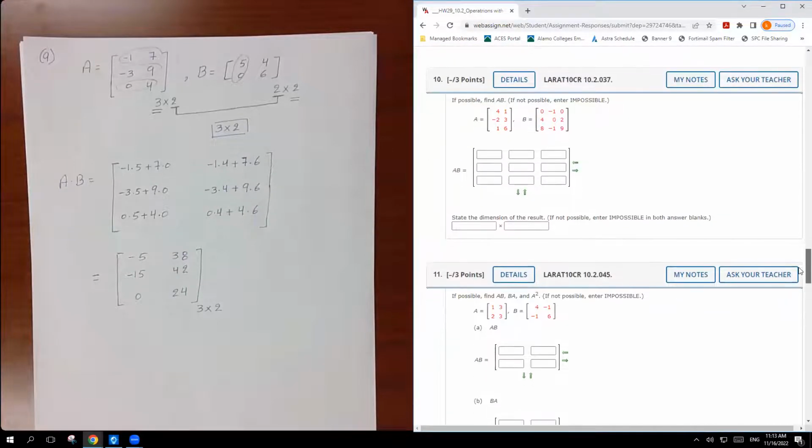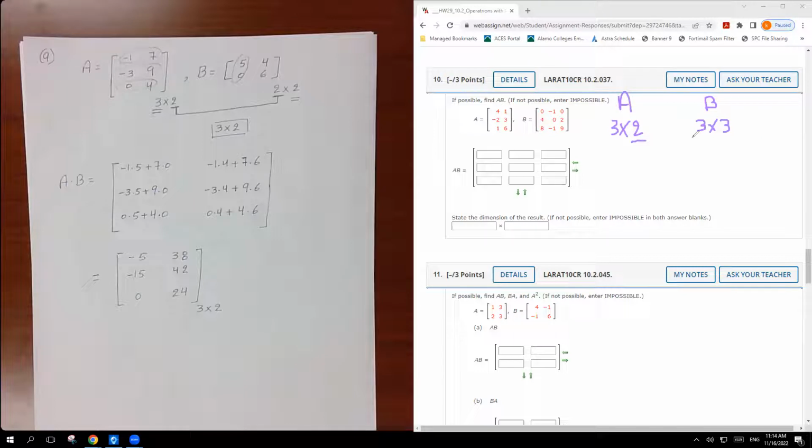We're going to do the same thing with example 10. We need to check if we can do the multiplication between A and B. If you look at the dimension of A, the dimension of A is 3 times 2. The dimension for B is 3 rows and 3 columns.